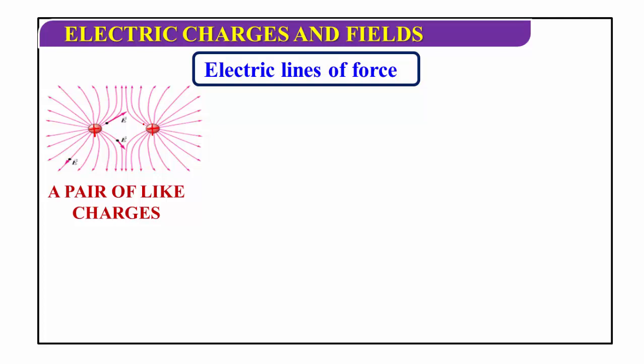Here in this case, when two like charges are separated by a small distance, the electric field lines always repel each other. This diagram indicates electric field lines due to a pair of like charges.